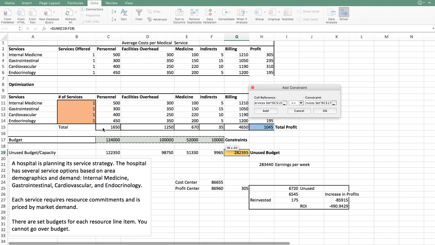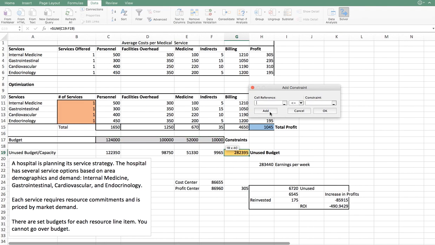That means personnel total costs should be less than the budget, facilities less than the budgeted facilities cost, medicine less than medicine costs, and indirects less than indirect costs. But this is an easier way. We just choose this array and we say that that's less than this array.